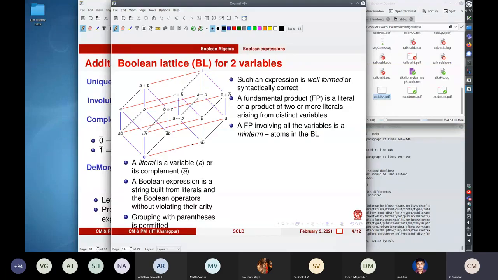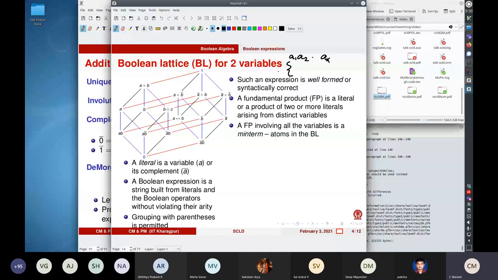So if you think about it, if you have k properties, a1, a2, up to ak, then how many possible min terms can you have?